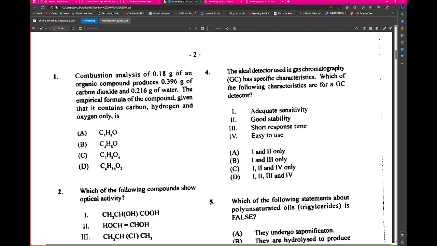A. Okay, I'm seeing that. I think for this you have retention time instead of retention factor. Yes, retention time. Yeah, but that's A. All right, so you're saying A.